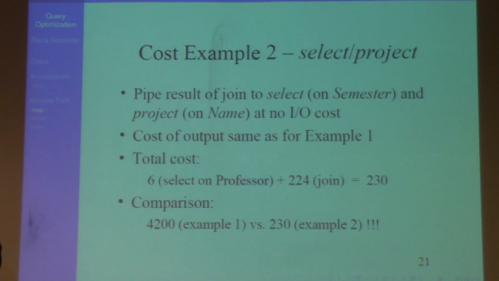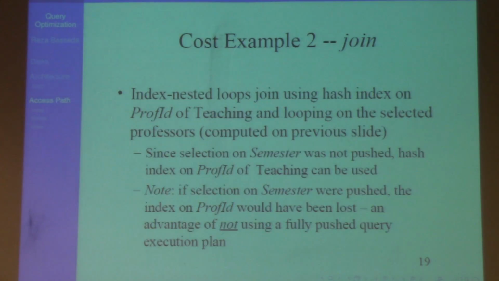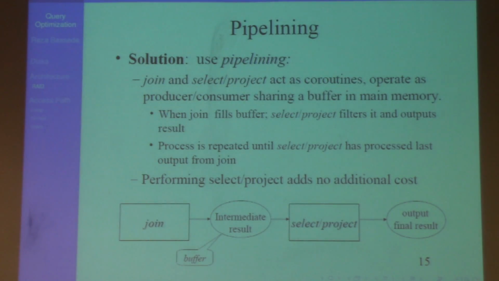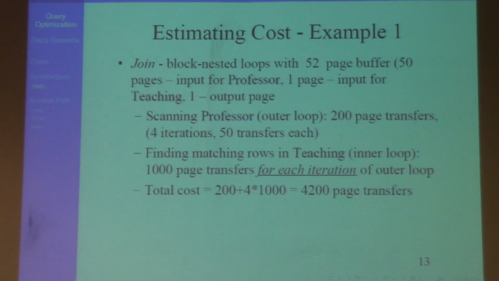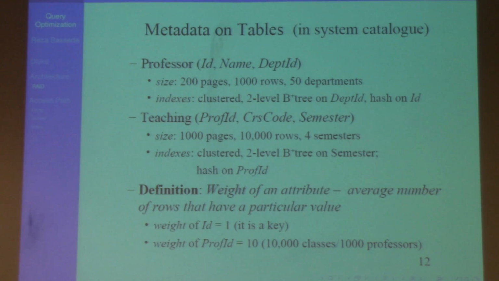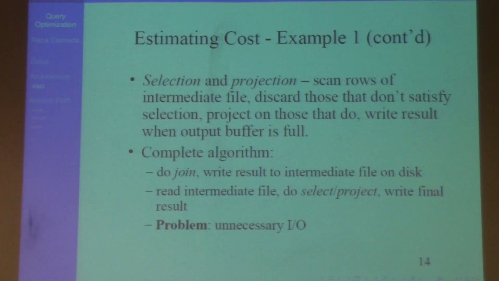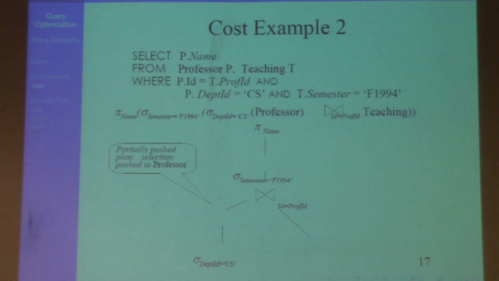Why? Here, you remember that I used the number of pages, number of rows, and number of distinct values on the departments for the cost estimation of these queries, right?